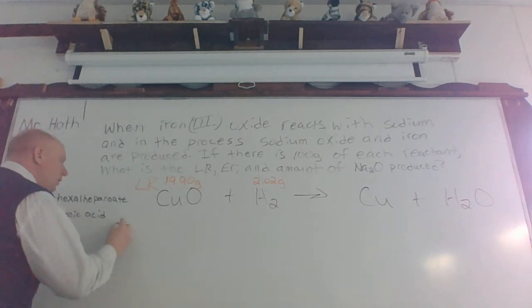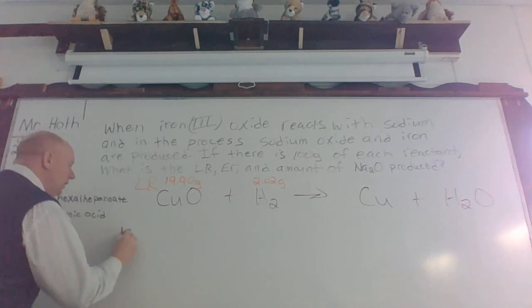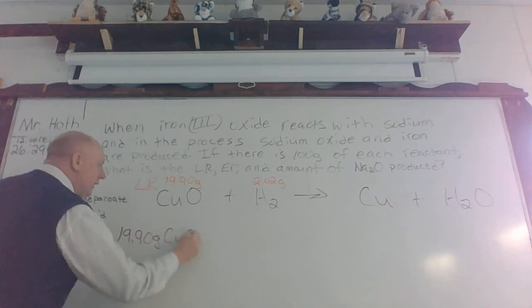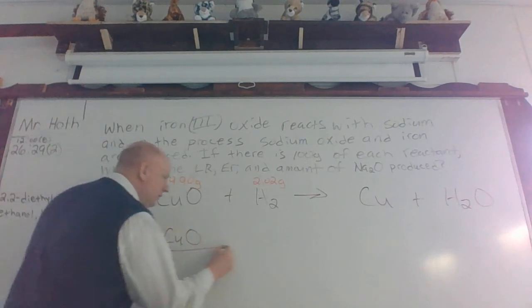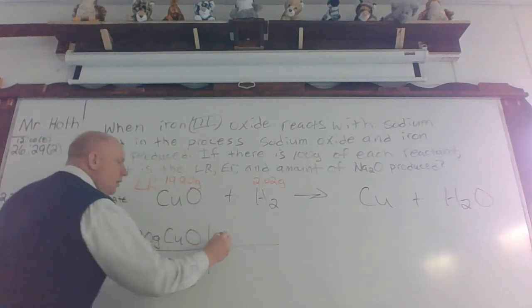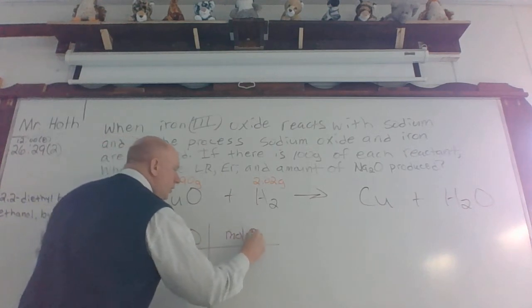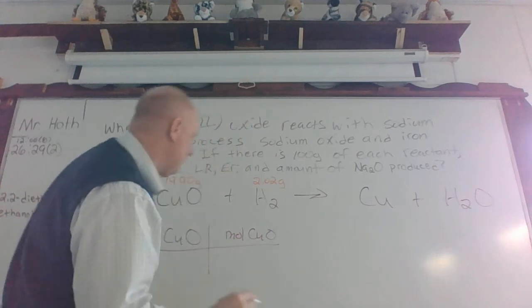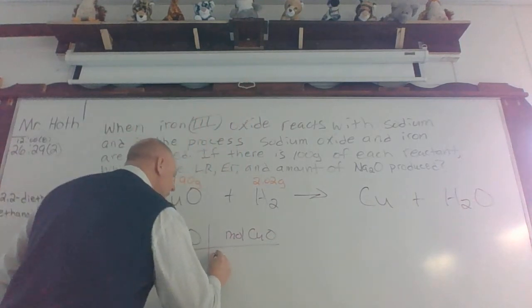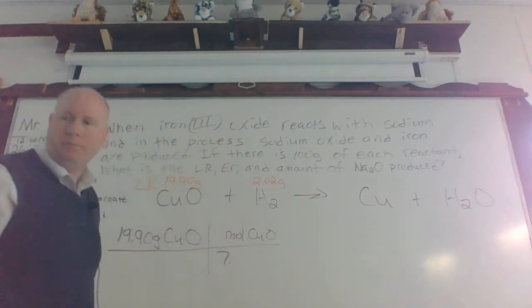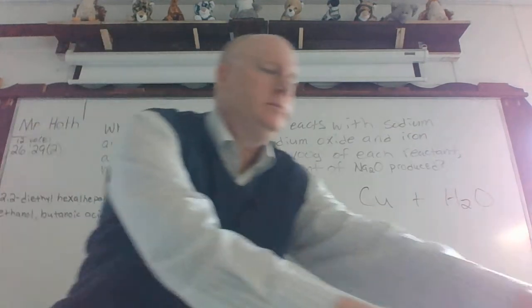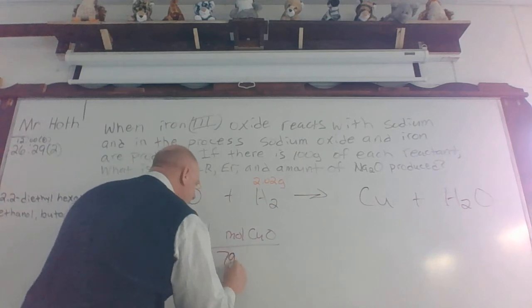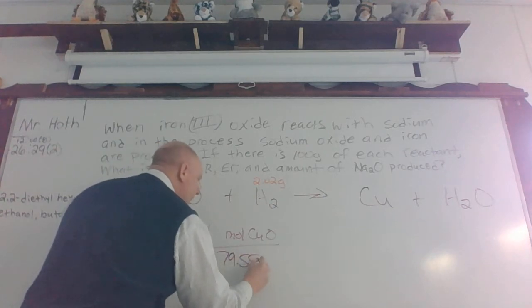What we would do is take 19.90 grams of this copper oxide and change that to moles. For every mole of copper oxide, we get 79.55 grams.